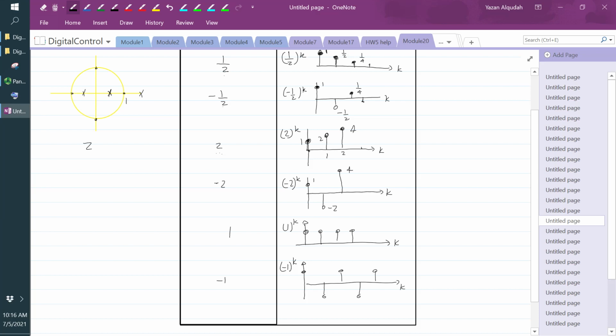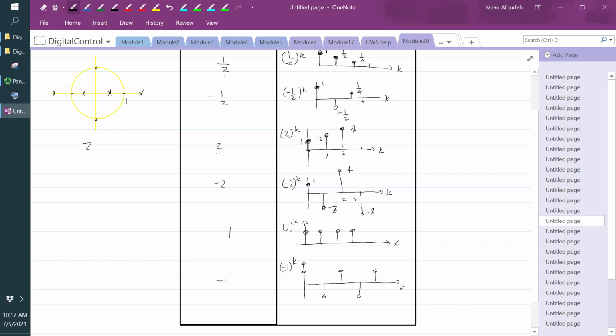What happens if it is at negative 2? At 0 it's going to equal 1, at 1 negative 2, at 2 it's going to equal 4, at 3 it's going to equal negative 8, and therefore it's going to be an oscillating and at the same time growing exponential signal.